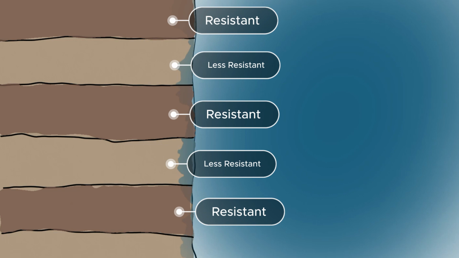Now, this we call a discordant coastline. Now, initially, less resistant rock like clay is eroded back, forming a bay. The more resistant rock, like limestone, is left protruding out to the sea as a headland and can usually also be eroded just like a cliff is being eroded.